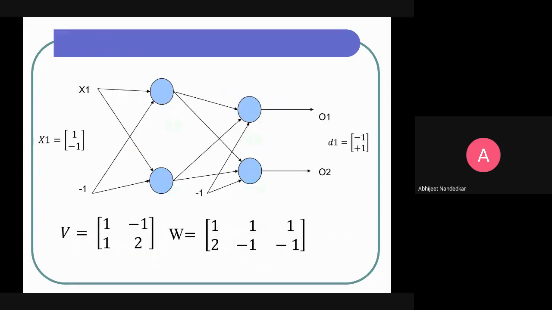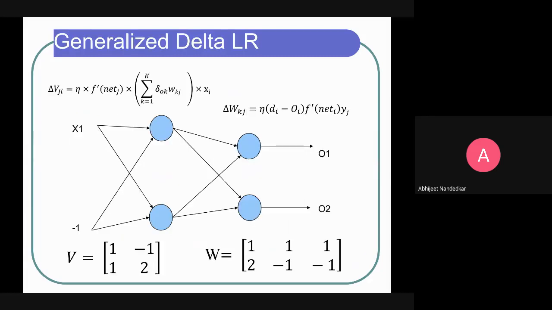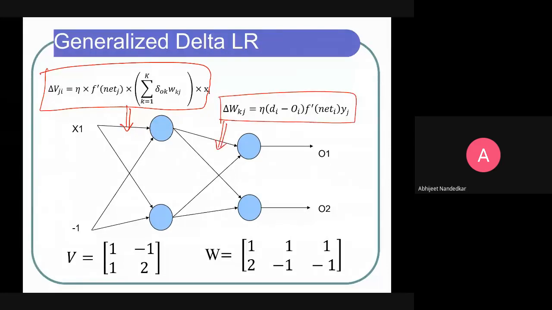Now next step is to find out the output for given input. So this is our first input, and that is the corresponding desired response. So the weight updation formula used for hidden layer is this one, and this change in weight will be used here.